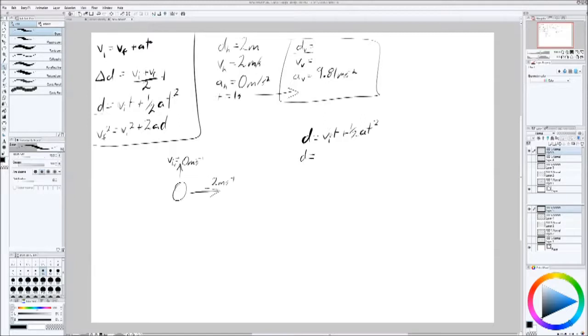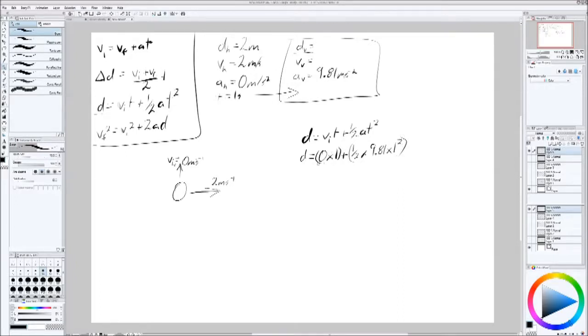So d is equal to, v_i is 0, so 0 times 1, plus a half times 9.81 times 1 squared. Now 1 squared is a nice easy one. 1 times 1 is 1, because if you have one lot of 1, you have 1.